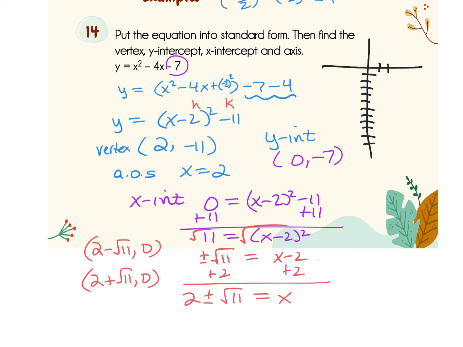So my vertex is right here. My y-intercept is at negative 7. And again, if you draw in your axis of symmetry, you can see that it's 2 spaces away. So you can come 2 spaces away over here, and then you can connect your points.